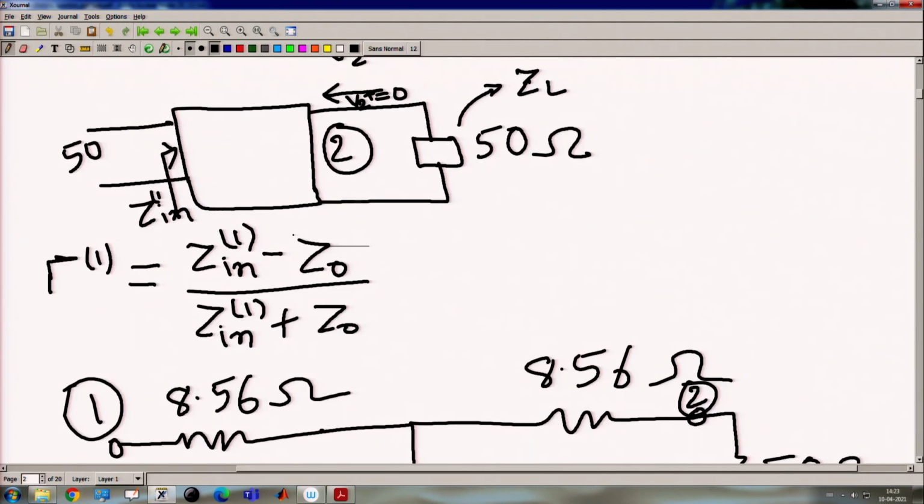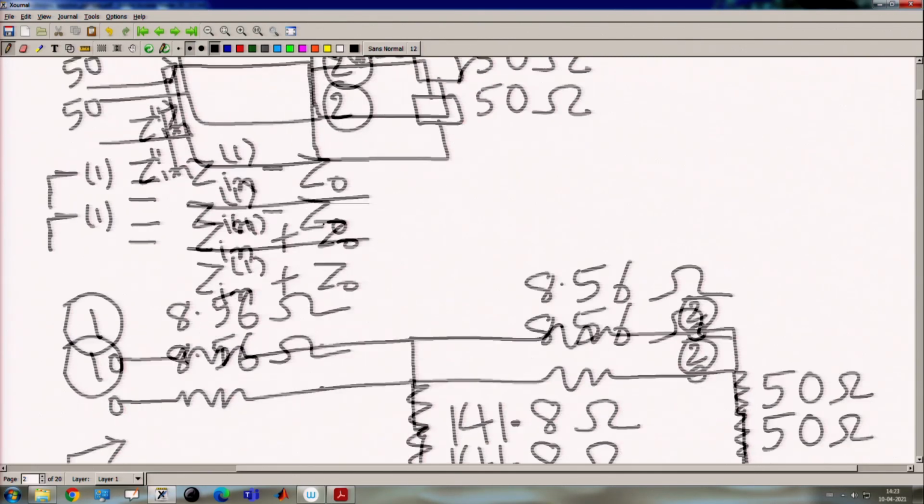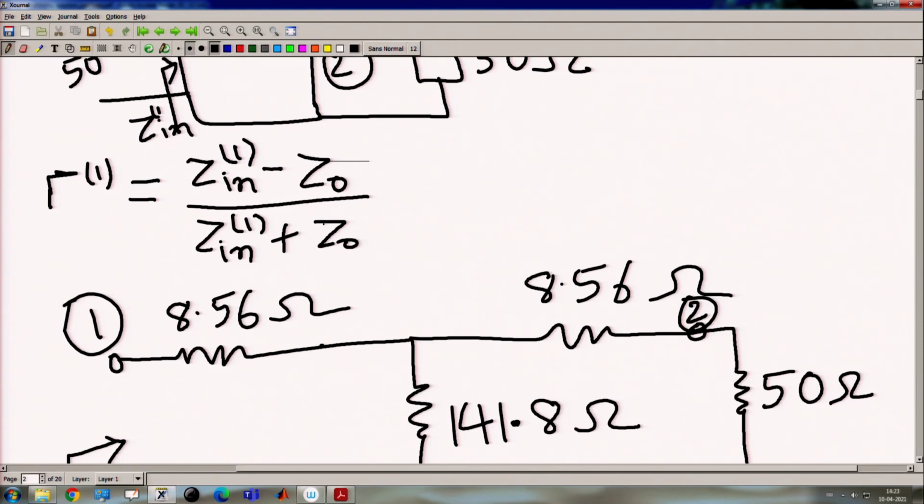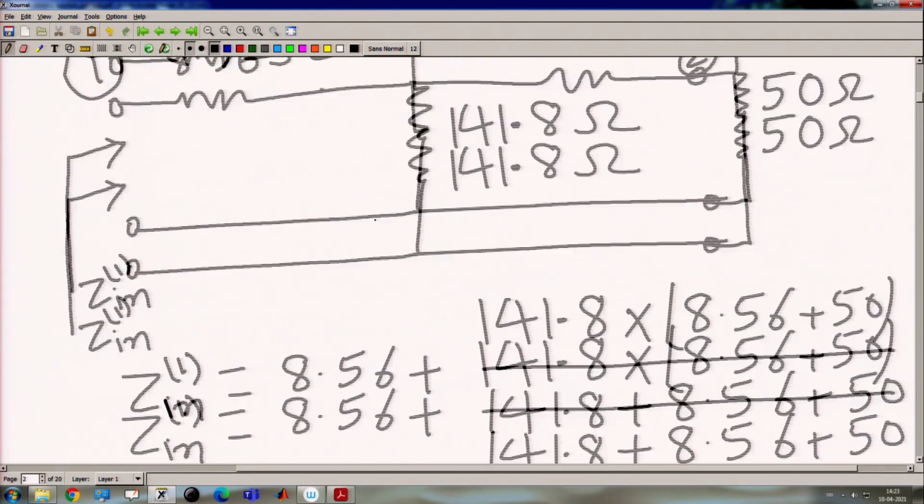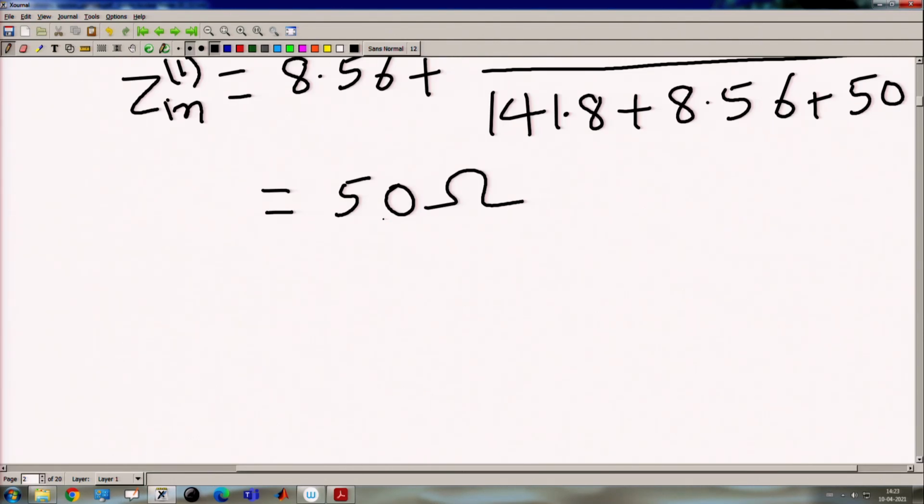And S11, that is gamma 1, is defined as Z in 1 minus Z naught divided by Z in 1 plus Z naught. Z in 1 is 50 ohm and Z naught is also 50 ohm, so we get S11 equal to 0.